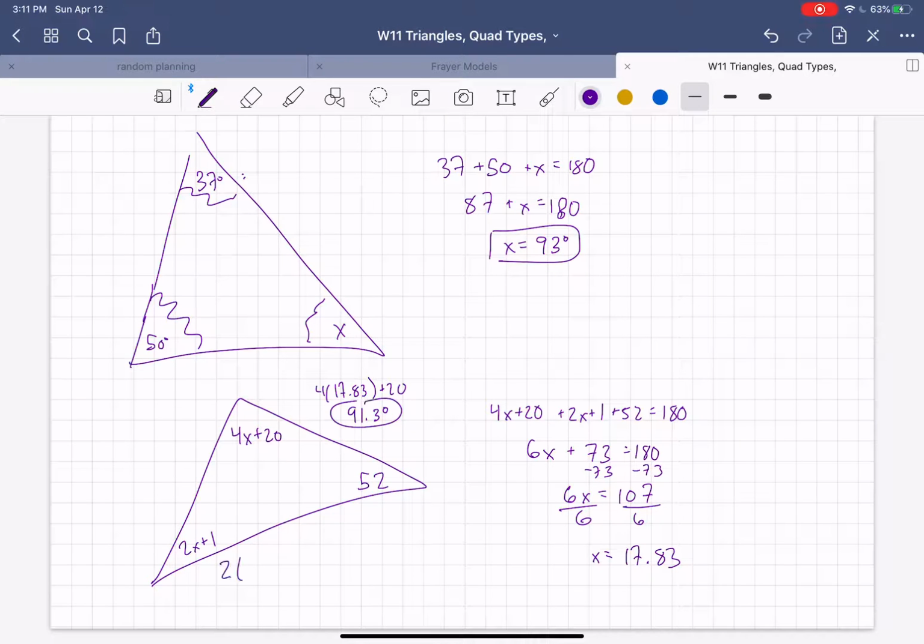And then we do 2 times 17.83 plus 1, and that's 36.7 degrees. We can check our work by adding that together: 36.7 plus 91.3 plus 52, and we do get 180. So those are the 3 angles in this triangle.